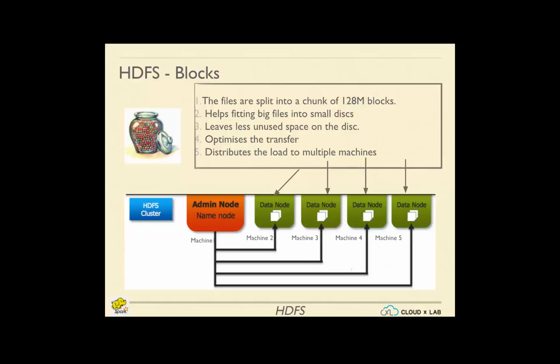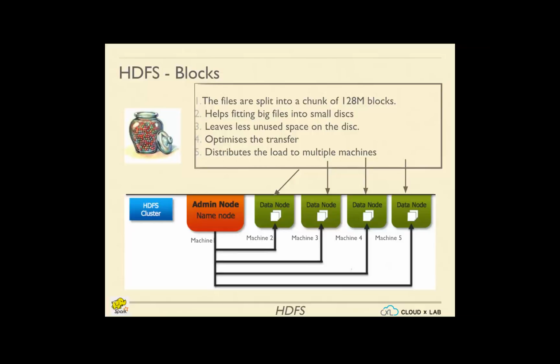Based on the size of the file, the last block could be smaller than 128 MB, because the remainder could be less than 128 MB. It helps fitting really big files into small disks. That's why commodity hardware was okay.